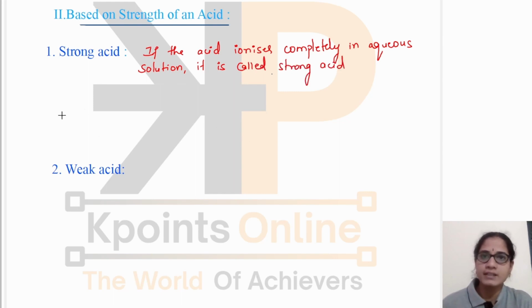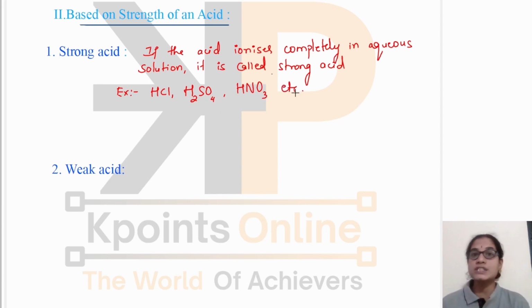Just now we have studied hydrochloric acid, sulfuric acid, nitric acid. These are all strong acids as they completely ionize in water to form H+ ions. Examples: hydrochloric acid, sulfuric acid, nitric acid, etc. These are all strong acids.